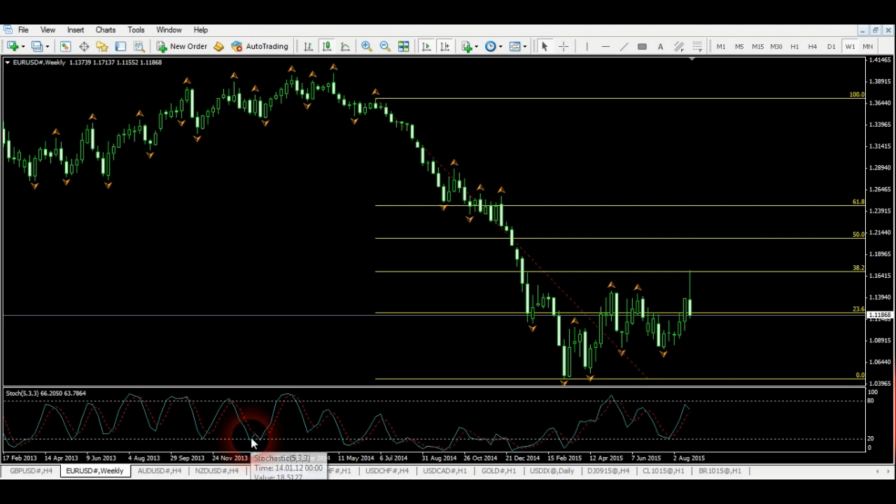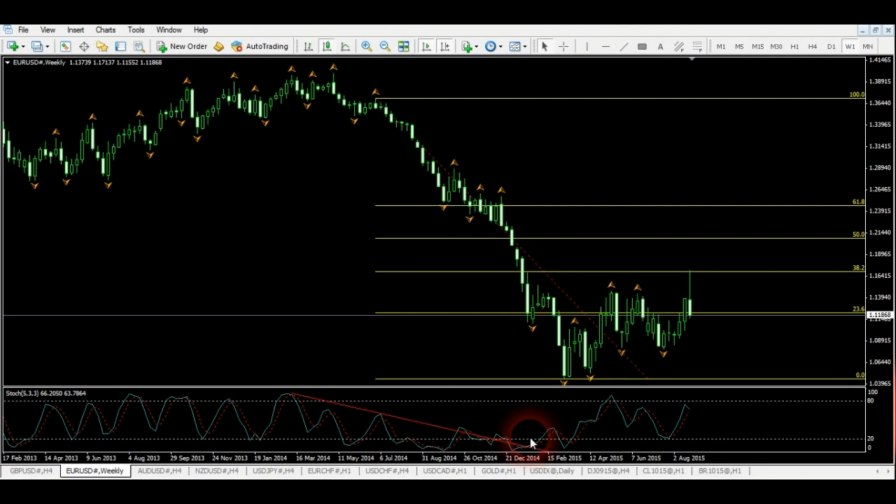Like here, it has gone down. It has formed a hook, but it has gotten above the red line and has gone up, and they have crossed each other and got replaced with each other. But you can use a trend line on this indicator as well.